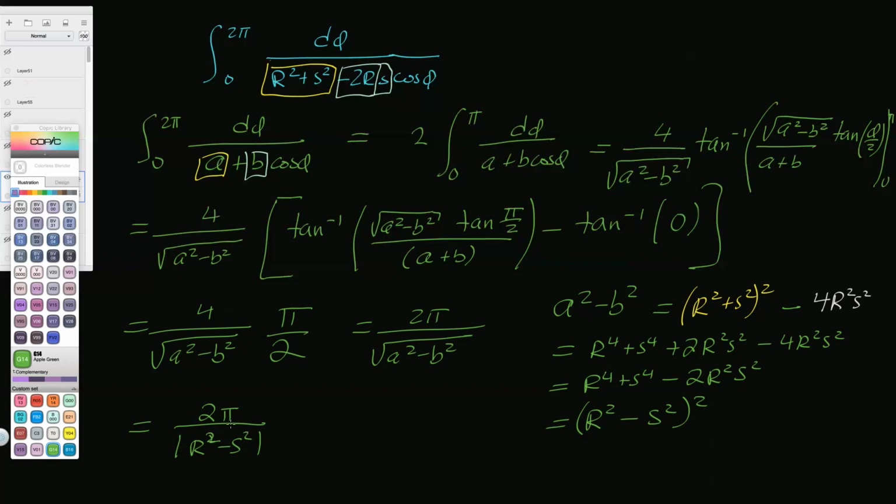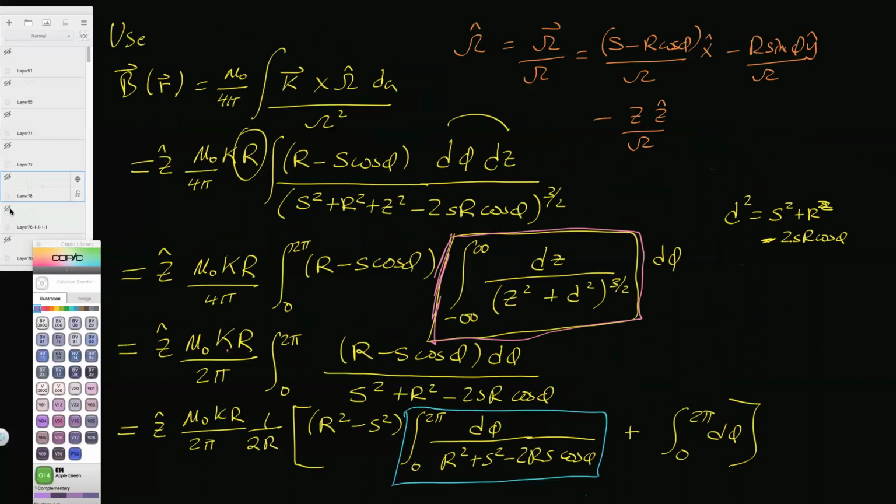Okay, so back to, where was that layer? I'm going to confuse myself here. Okay, I think I can do this. I'm going to do this by erasing. We just did this integral, and we found that this integral was 2 pi over the absolute value of r squared minus s squared, correct?